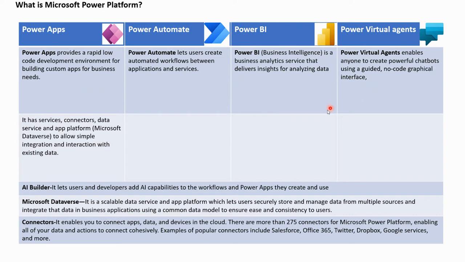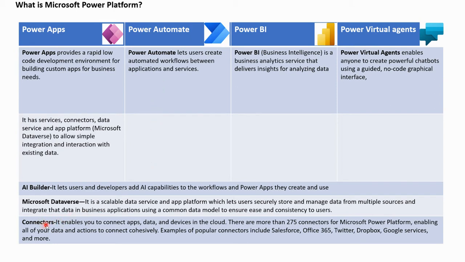Apart from these four, there are three major enablers. The first one is AI Builder, which enables you to use artificial intelligence services or capabilities across this platform, based primarily on Power Apps and Power Automate. Then you have Microsoft Dataverse, which is basically a data service which enables users to store and manage data across multiple sources.